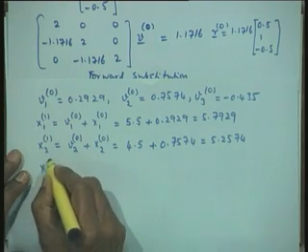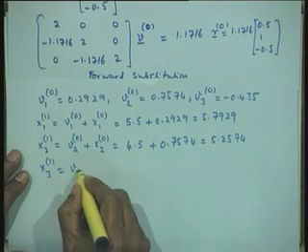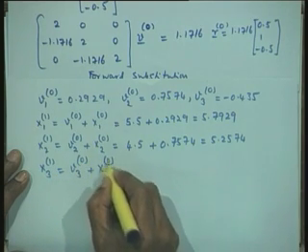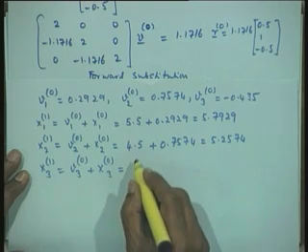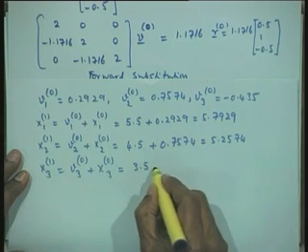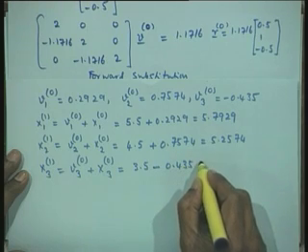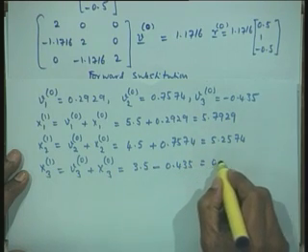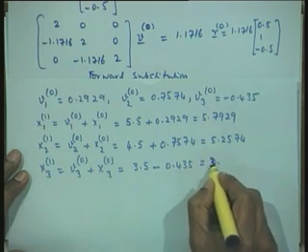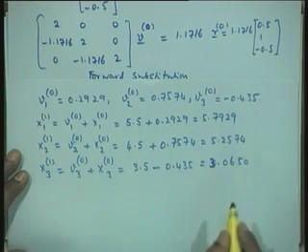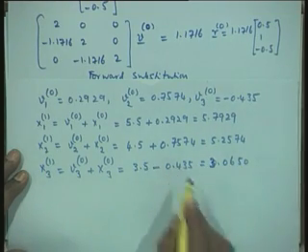And the third component is x3 1 is V3 0 plus x3 0, and this value was given as 3.5, 3.5 minus 0.435, that is 3.065.